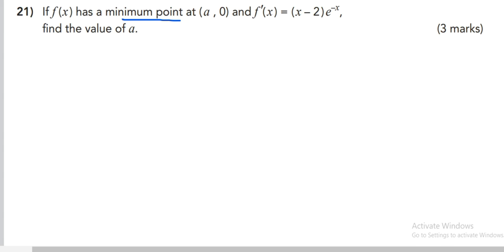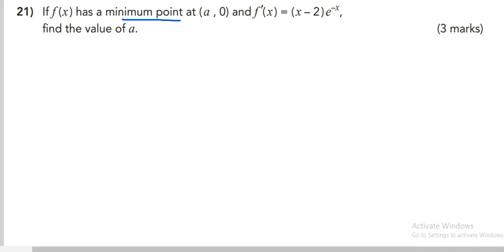The first step, find the first derivative and put it equal 0 to find the stationary points, and substitute in the second derivative to know whether this stationary point is a maximum point or minimum point. In a question like this or any similar question, we have to pay attention to what we need, what we are asked, and what he gives.